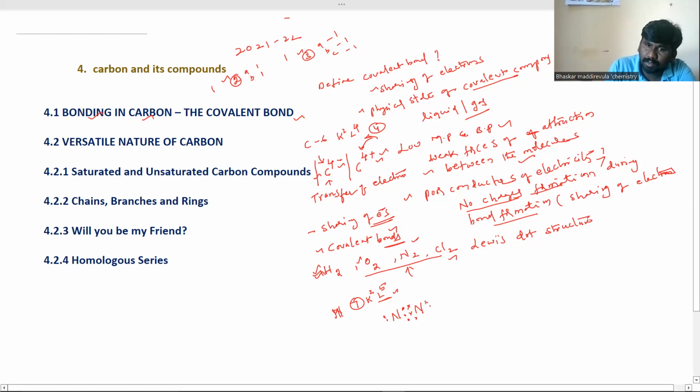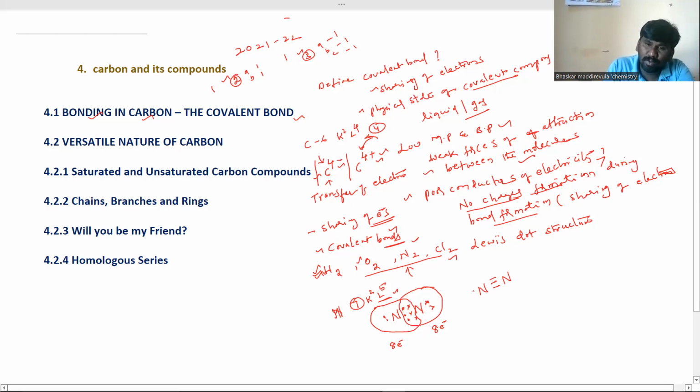If you draw the circle like this, between the two nitrogens, 3 electron pairs are shared. By that, each nitrogen acquires an octet configuration. Since 3 electron pairs are shared, a triple bond forms between the nitrogens.